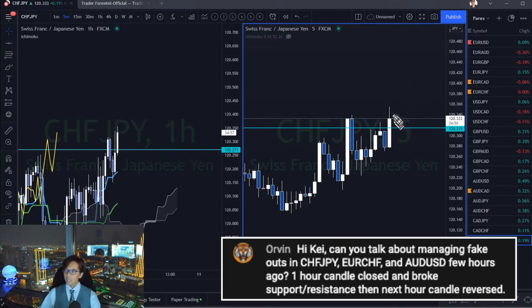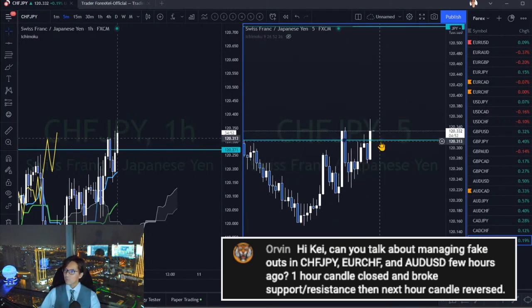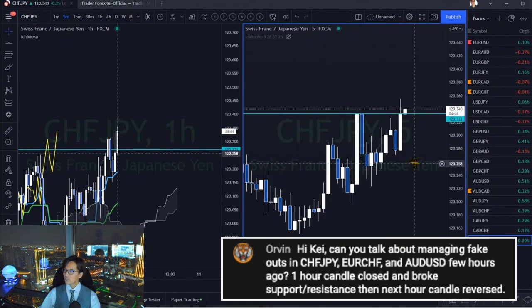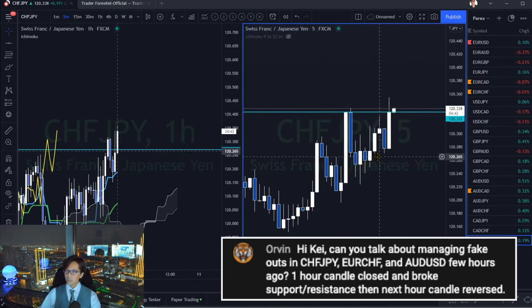So now the candlestick closed, and what's happening right now is that the close price was exactly the same as the previous resistance here. So since it didn't close above the previous resistance, I would wait for one more candlestick to close.